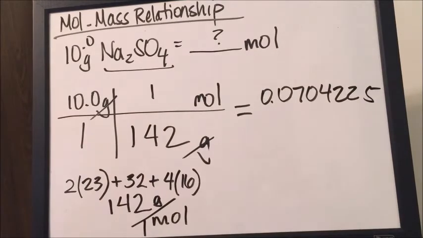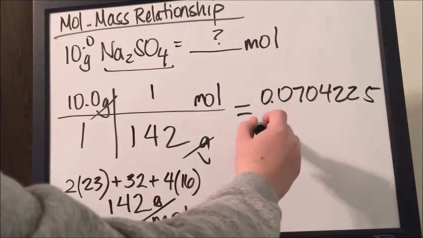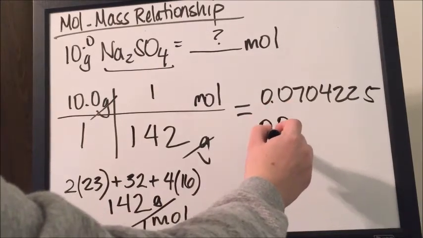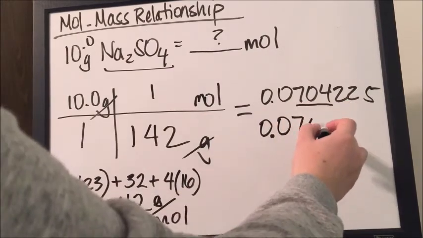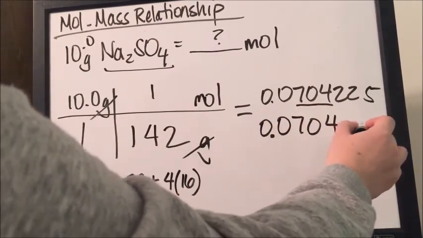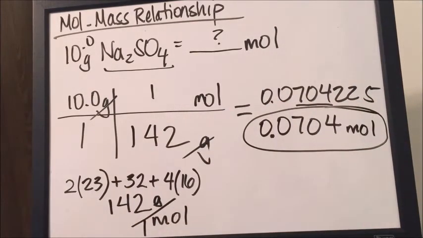Something like that, and it even continues to go. But I'm limited here in my answer to 3 sig figs because of this. So round this to 3 sig figs. Remember, leading zeros are never significant. So right here, 704 moles.